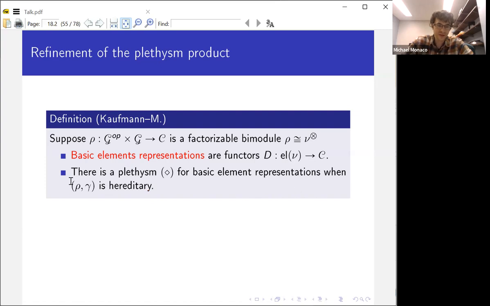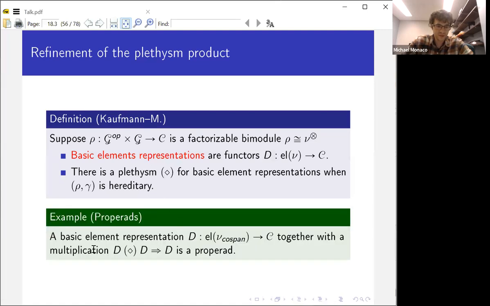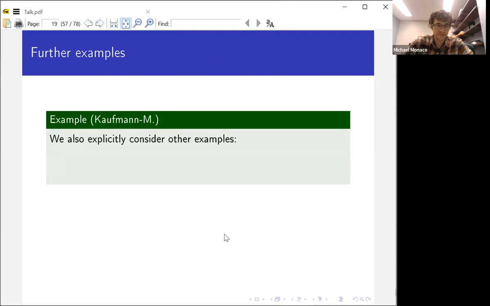And there's a notion of a Day convolution product for basic element representations when the multiplication is hereditary. We do this by adapting the definition I showed you before. An example of this would be a basic element representation of nu cospan to C together with the multiplication. This is precisely the data of a properad.